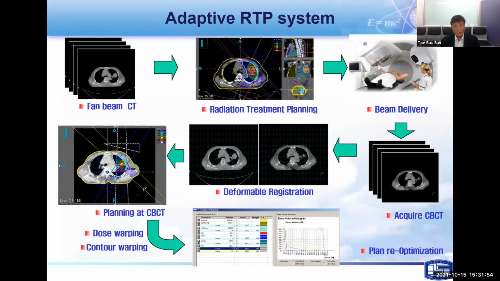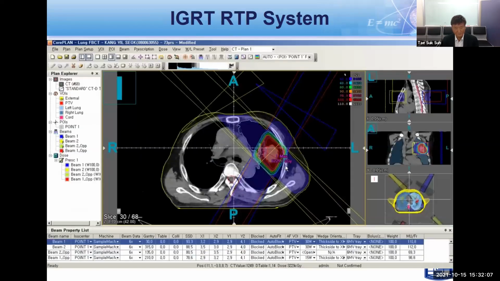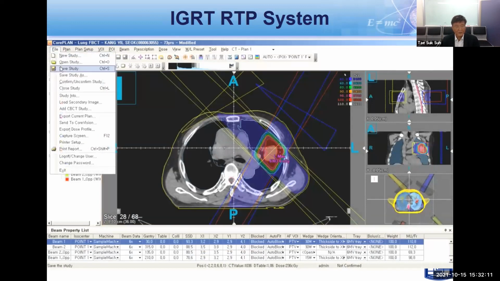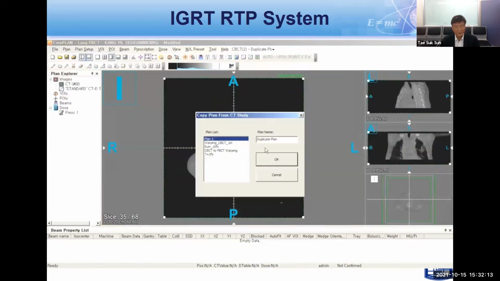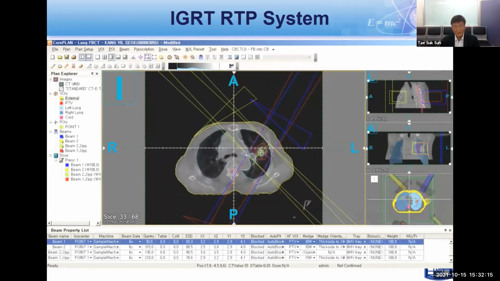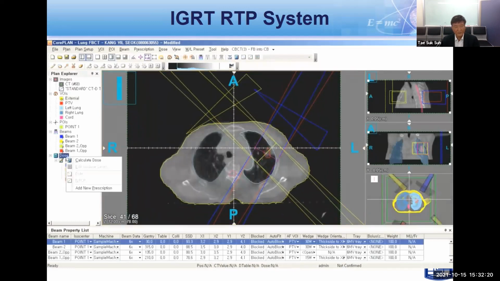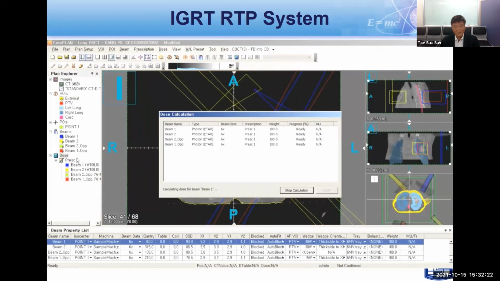A few years ago, we actually developed some prototype of IGRT planning system. So I'll just introduce that prototype of IGRT planning system. Actually, it's not for the commercialization. We implemented many useful modules for IGRT study and corrected software and are still improving this system.